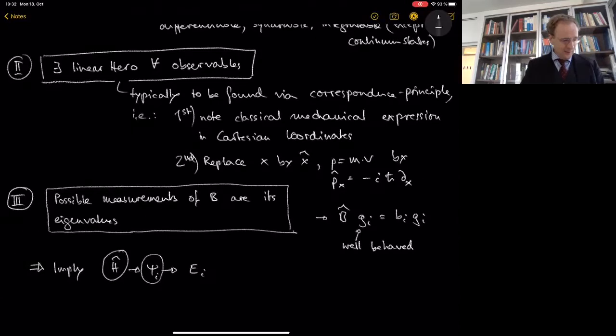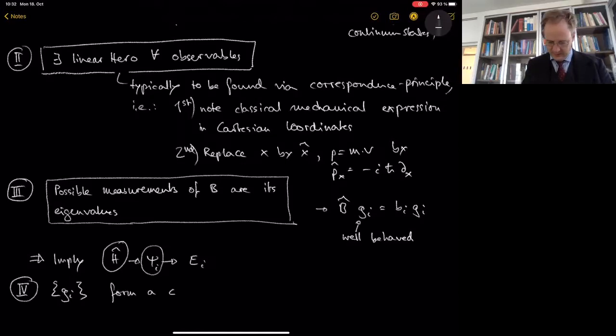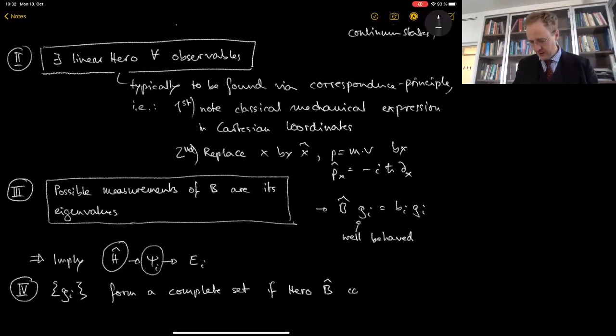All right, now we can go to postulate 4. In here, we have a set of eigenfunctions. They form a complete set if the operator B corresponds to an observable.